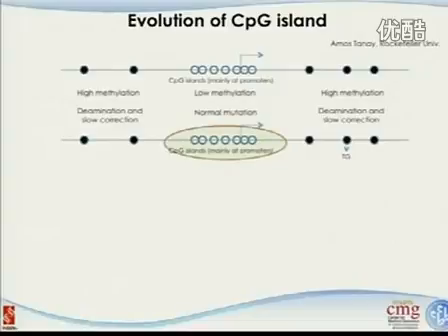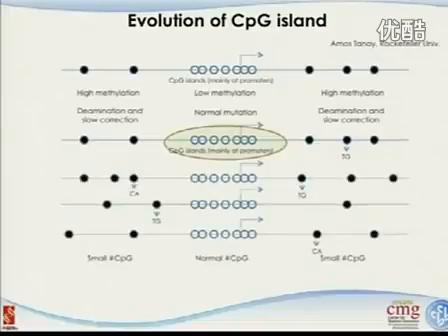And this part is high methylation, this is high methylation, and this part is low methylation. All right? So what happens is that these methylated Cs will be mutated to T. CG becomes TG. And if it's on the reverse complementary strand, it becomes CA, right?